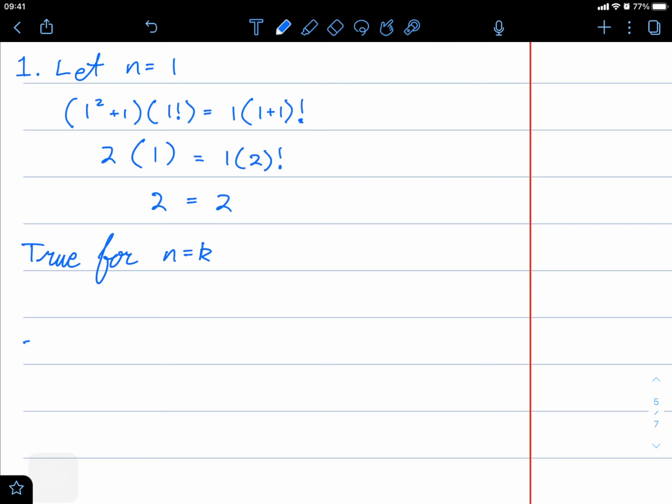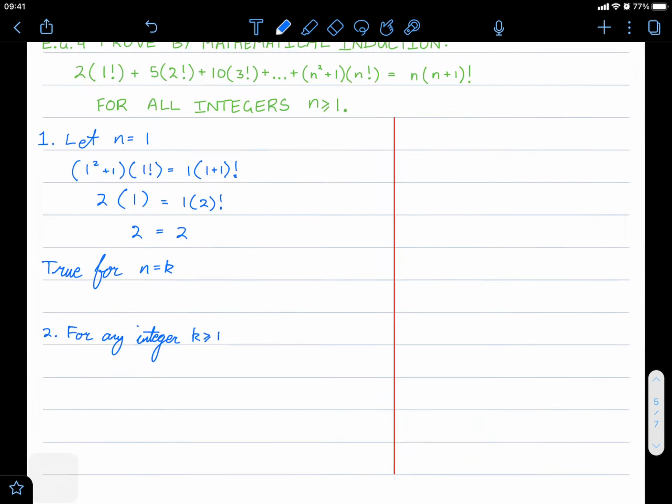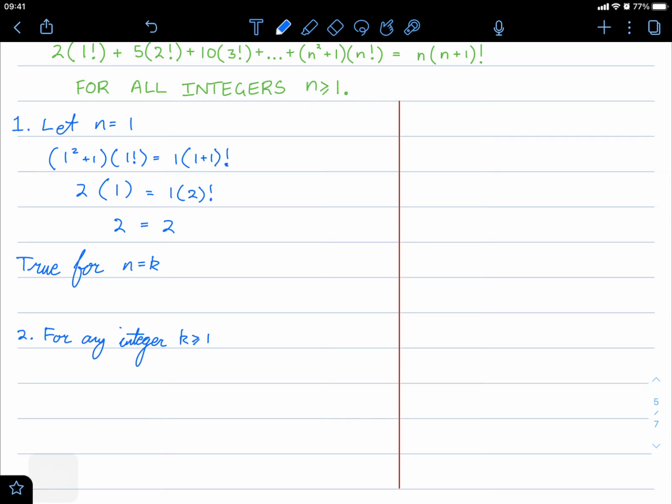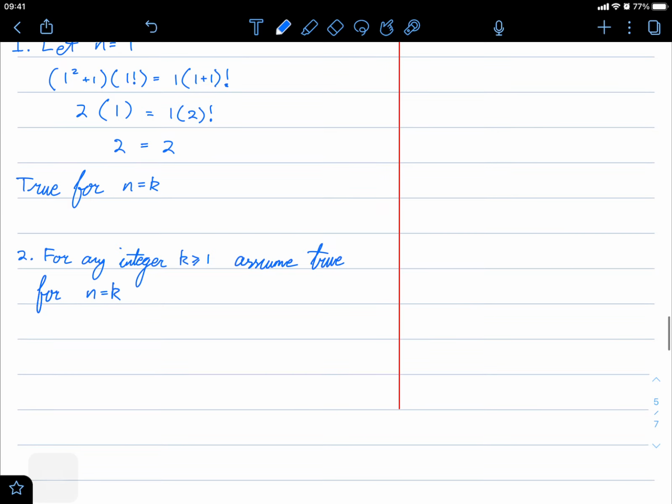Now step 2. For any integer k greater than or equal to the same domain as what we've been given, we assume the statement for n equals k.